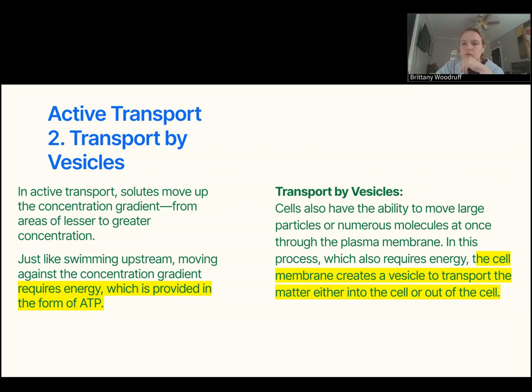Cells also have the ability to move large particles or numerous molecules at once through the plasma membrane. This uses vesicles. So anytime you hear vesicle, just think package.